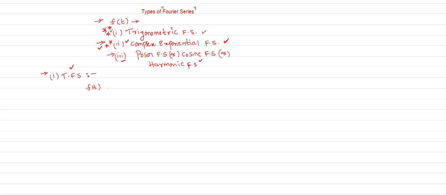That's why I called it a linear combination of sine and cosine functions. Now how can we represent a signal f of t?